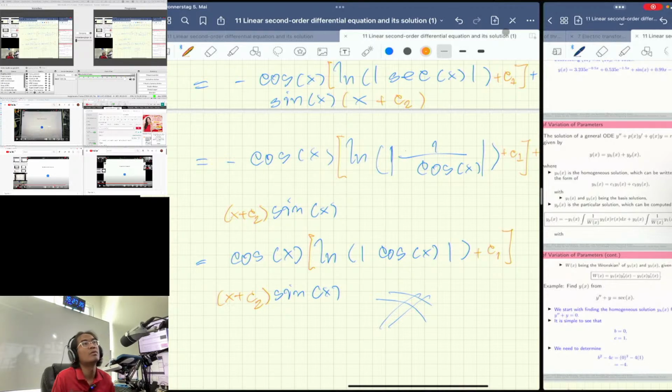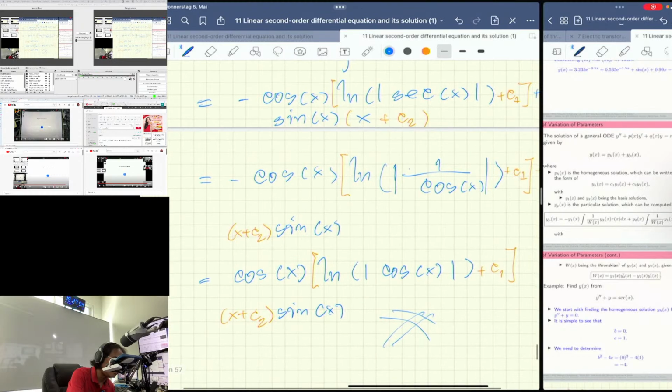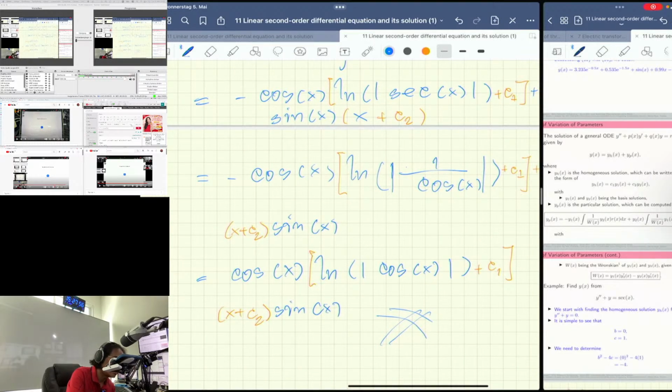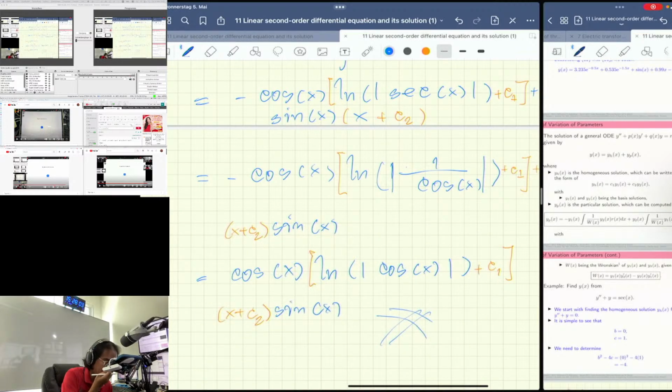Yeah, now we get C1 cosine, C2 sine, ln cosine, cosine x sine x. Okay, actually we can neglect C1 and C2, we can cancel it, because sine will be the same as cosine in the former.